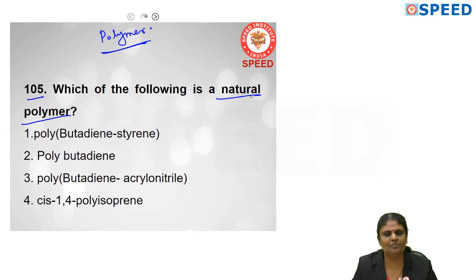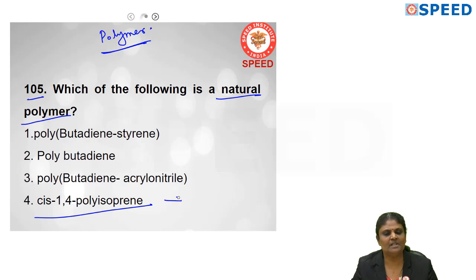This is also from the artificial polymer only, but it occurs natural from the rubber tree and everything. So polybutadiene styrene, polybutadiene and acrylonitrile. The last option is cis-1,4 polyisoprene. I think this answer is the correct one, cis-1,4 polyisoprene.